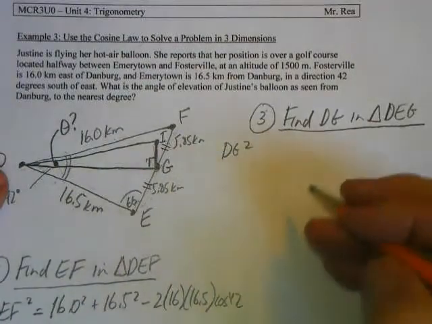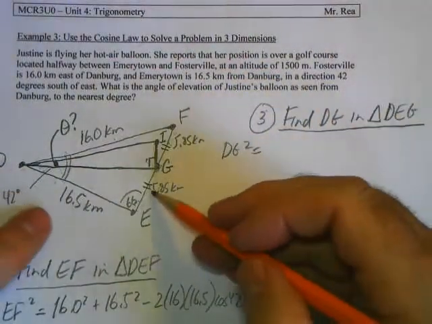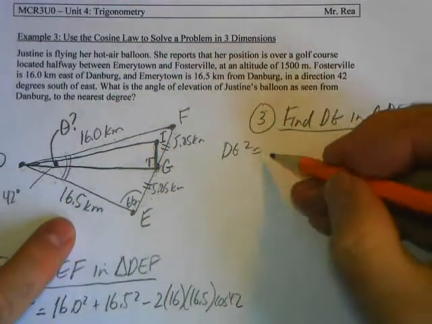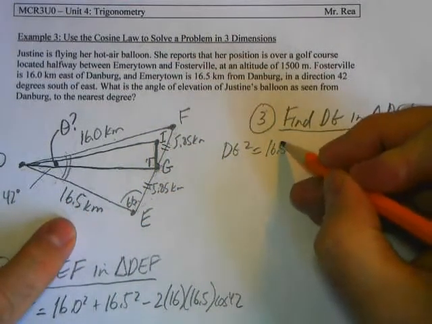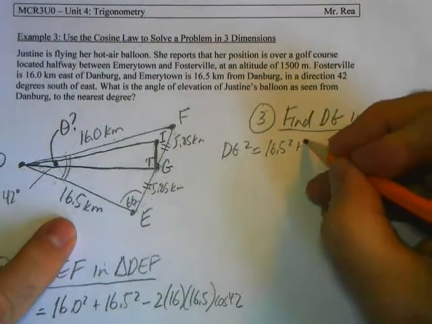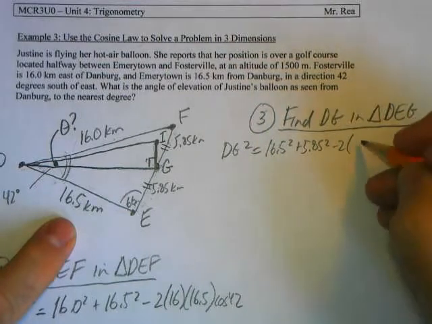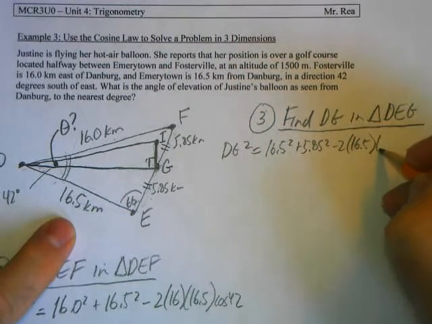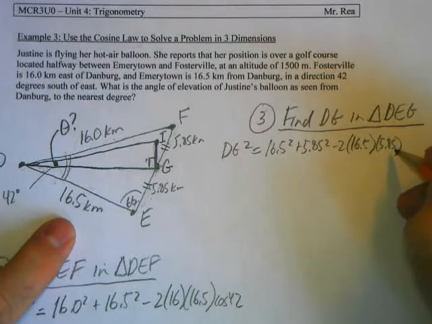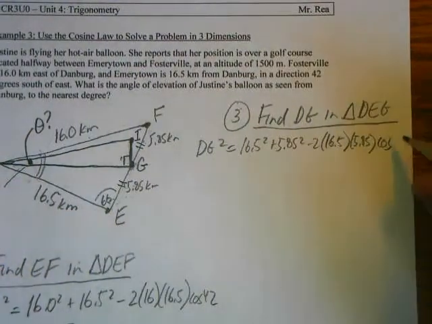So DG squared is equal to, so we know the lengths of these other two sides. So it's going to be 16.5 squared plus, this time it's 5.85 squared, minus 2 times 16.5 times 5.85 times cosine of our angle, which was 66.